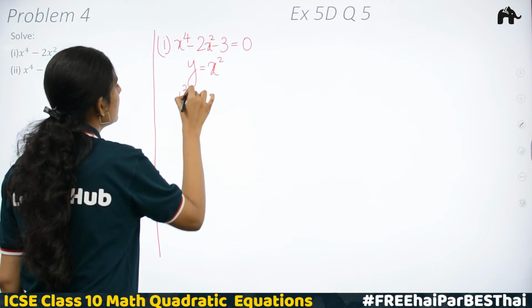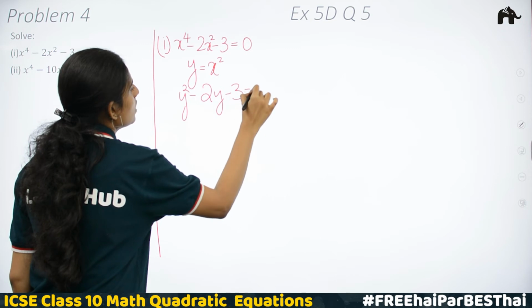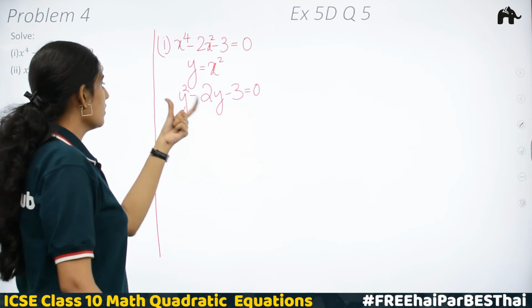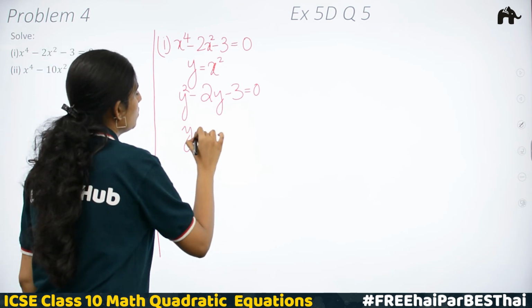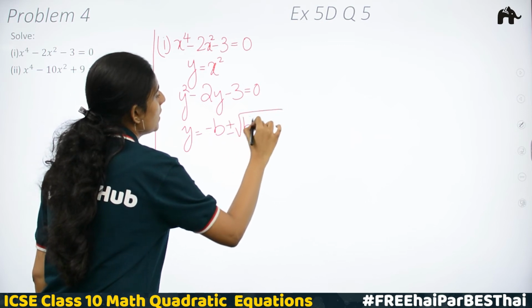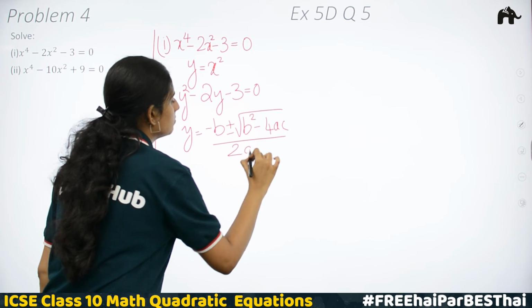Y square minus 2y minus 3 is equal to 0. This is a simple quadratic equation. We can solve this using the formula y is equal to minus b plus or minus root of b square minus 4ac divided by 2a.